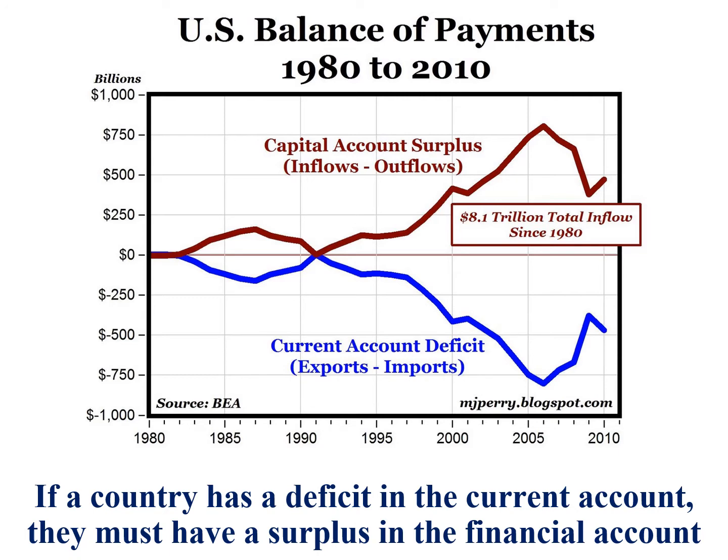This chart captures the essence of the idea that the capital account and current account must balance out. In other words, any increase in the current account deficit must be offset by an equal increase in the capital account surplus. This important idea will be explained in more detail throughout this video.